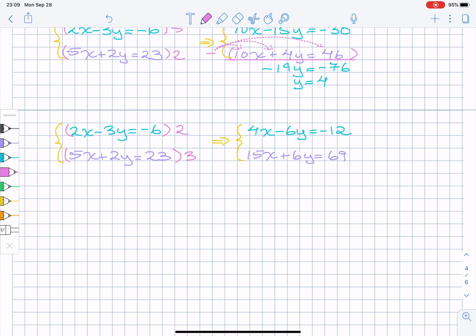Okay, notice now, in order to eliminate y, all I have to do is add the two equations together. So 4 and 15 is 19x is equal to 69 minus 12, which is 57.